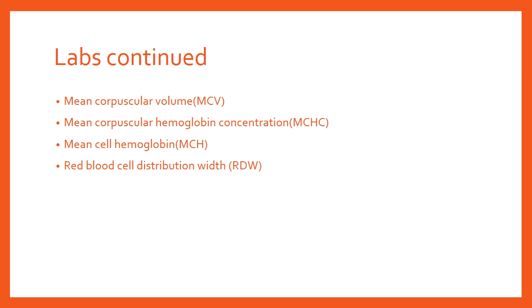MCHC and MCH, they both reflect the color of the cell, and MCHC is more commonly used, but the more concentrated hemoglobin is, the more red it will appear. The blood will be more red appearing, and it's possible to measure.